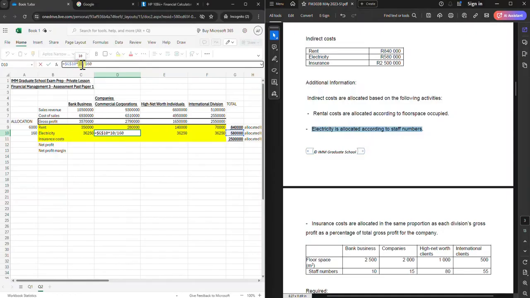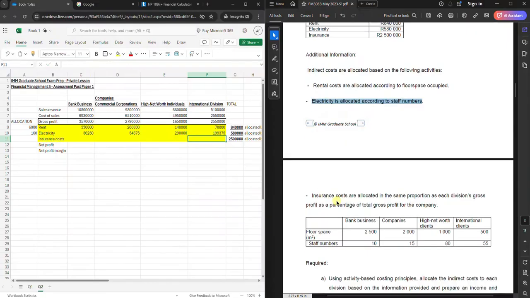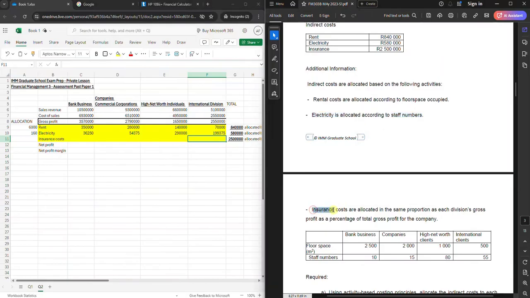The next one, the company has 15 people, the clients 80, and the other one 55. There's the allocation. Make sense? 100%. Okay, the insurance costs are allocated in the same proportion to each division of gross profit as the percentage of the total profit. Okay, so this line needs a total.